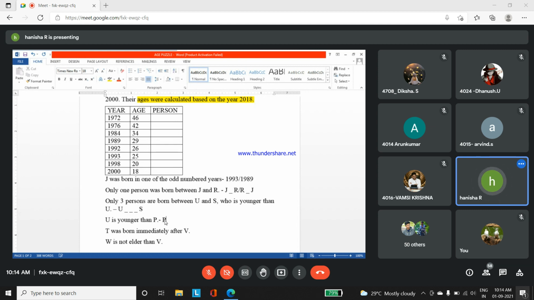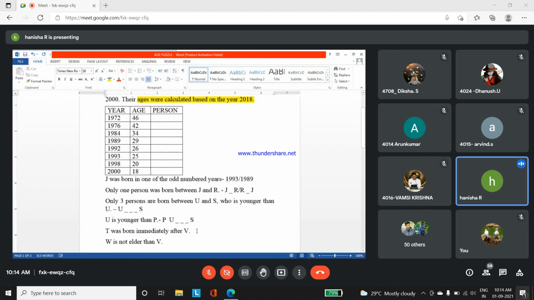So P, after which only you will have U. If I club these 2 points together, P and after which you have U, continuously you have yes, because S is also younger than U, which ultimately means that S is younger than P also. So I've clubbed these 2 points together. The third point will be U, 3 spaces, yes, and the fourth point will be P, U, and 3 spaces yes.